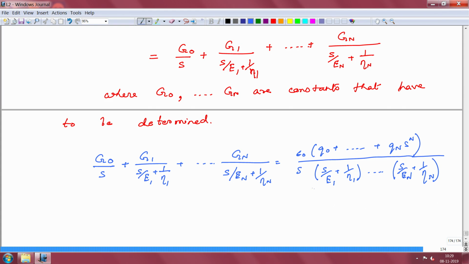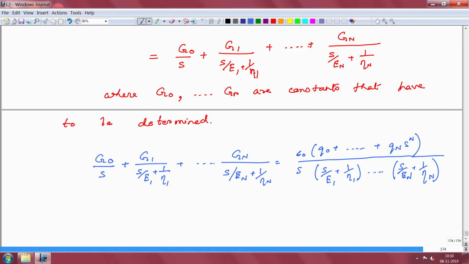So, you can take this entire denominator here, bring it over here, multiply this, and both sides will be polynomials, and here also you will have powers of s going from 0 to n, and on this side you again have a polynomial, right.